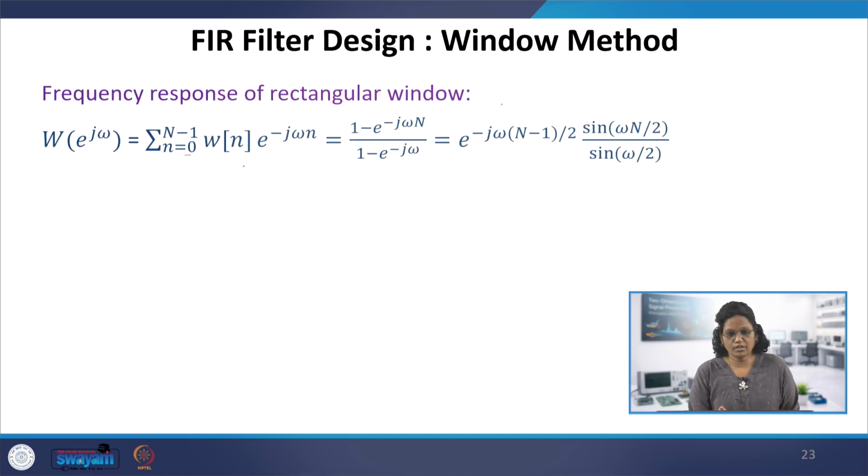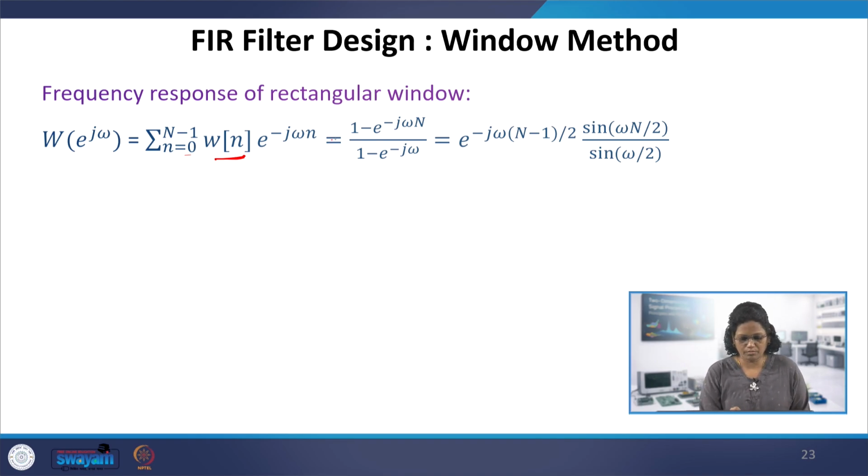Now getting into the frequency domain, for a rectangular window function we take the DTFT. This is w of n e^(-j omega n) summed over the window length, 9 samples, n equal to 0 to 8.